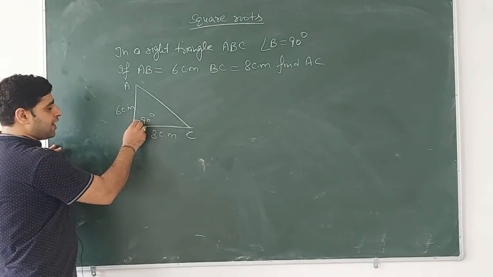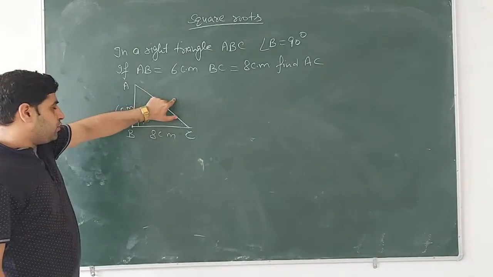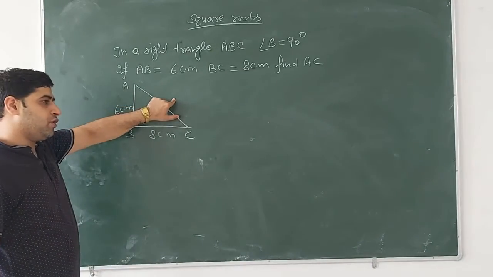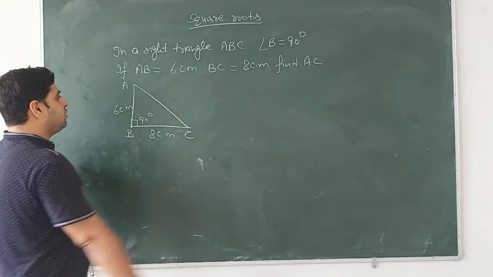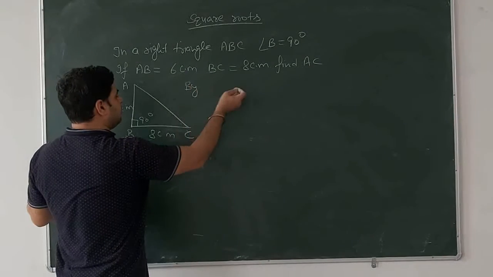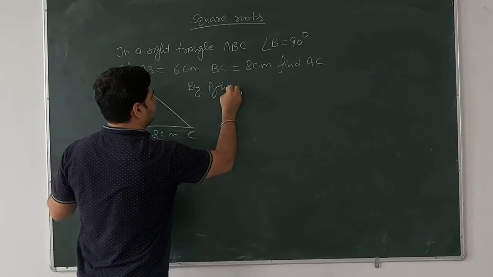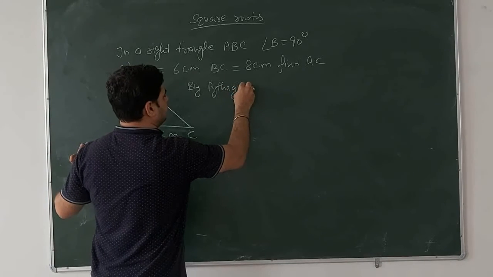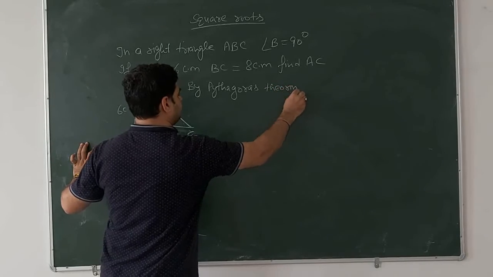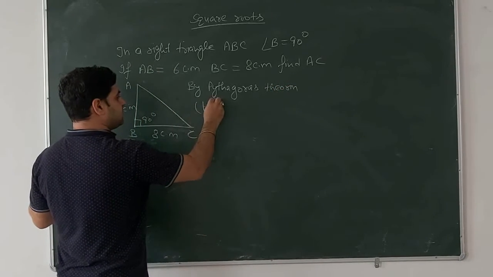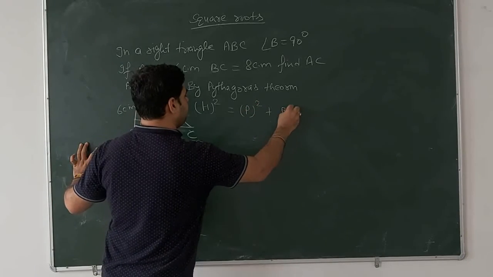This is a right angle triangle. So opposite the 90 degrees is the hypotenuse. This is the hypotenuse, the longest side of the triangle. So by Pythagoras theorem, hypotenuse square is equal to perpendicular square plus base square.